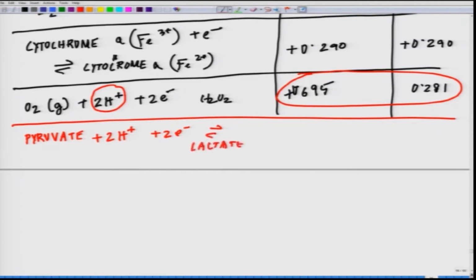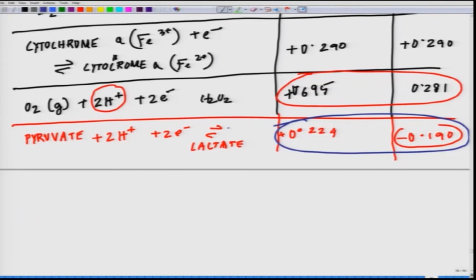Now, if you look at this reaction, pyruvate to lactate, under standard reduction potential it is plus 0.224, whereas if you use the E0 prime value, it will be minus. Now, look at this one, the difference. So, I will give you the list of all these things.